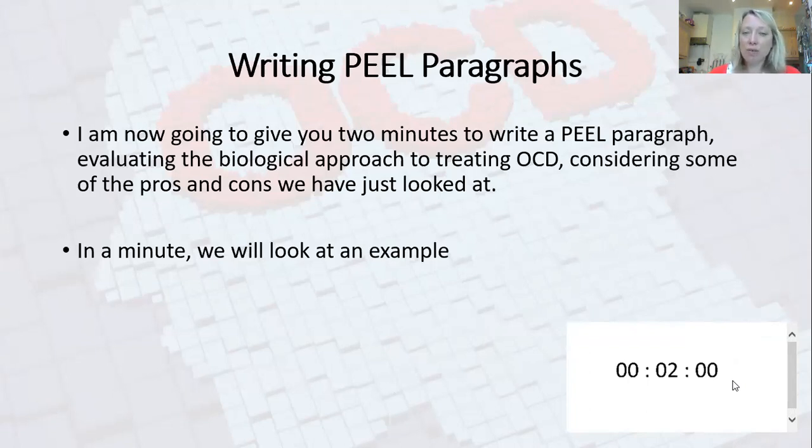You need to make sure that you expand on it or add a little bit more. You need to think about some evidence, and then you need to link it back to why that suggests a strength or a weakness in the biological approach to treating OCD. So remember, it's quite helpful for that final sentence in your Peel paragraph to start with the word therefore, so that you are really clearly linking it back.